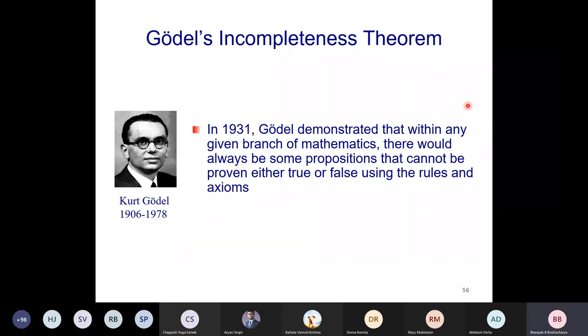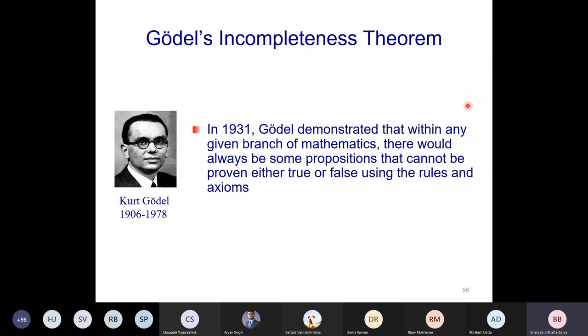That is what Gödel proved, and this is a very fundamental theorem in mathematics. It's called the incompleteness theorem. So these, like the halting problem of the Turing machine and the incompleteness theorem, are similar kinds of propositions.